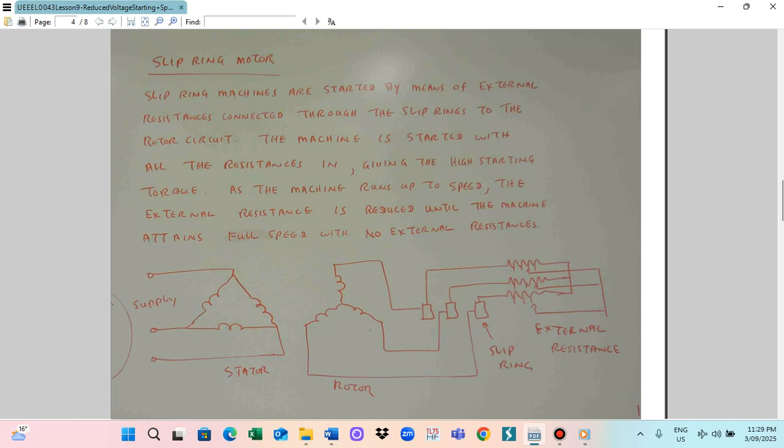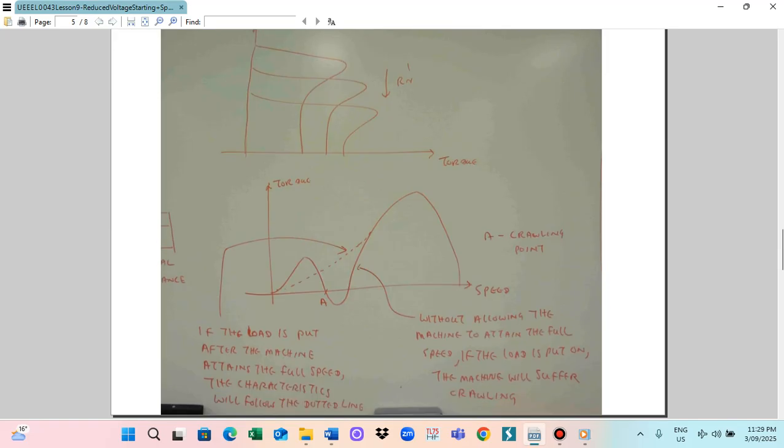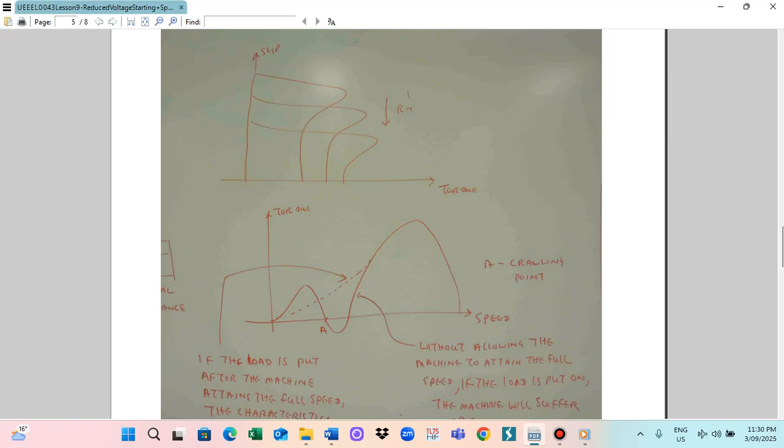Because of this, we can calculate the torque at starting by the formula. Normally we can study the machine characteristic. The horizontal axis is torque, and the vertical axis is speed or slip.